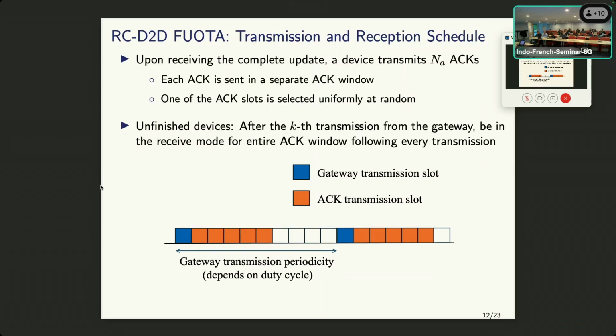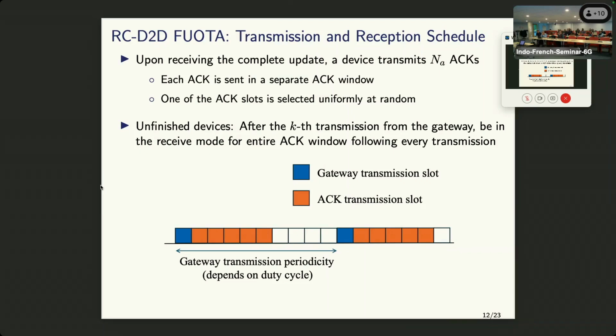Now once a device receives a complete update, it transmits NA number of acknowledgements, NA being a variable that will have to be a system parameter. So we are not looking at only one acknowledgement as such. We are keeping that a tunable parameter. And each acknowledgement will be sent in a separate window, which means that if a device gets its complete update during this gateway transmission, it's going to transmit its NA acknowledgements.